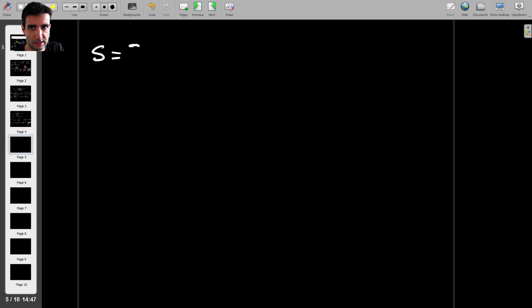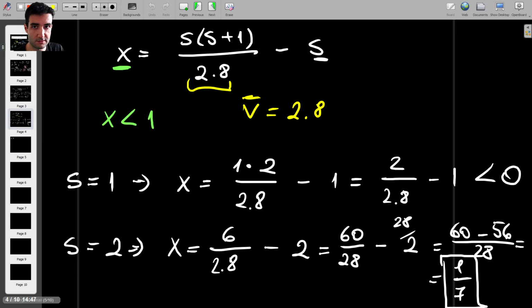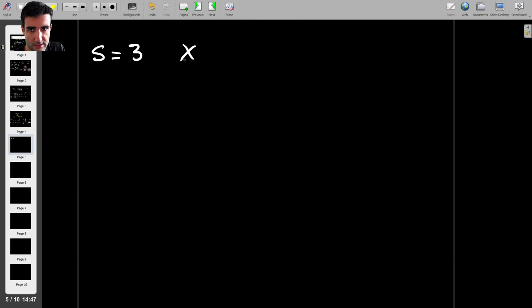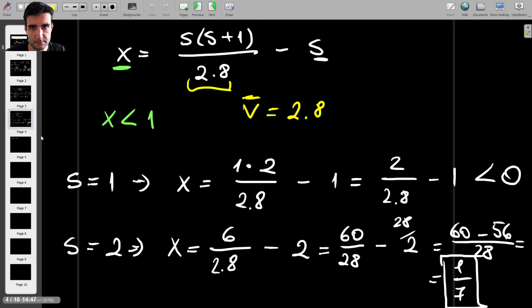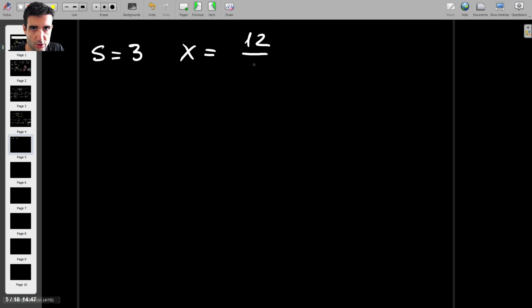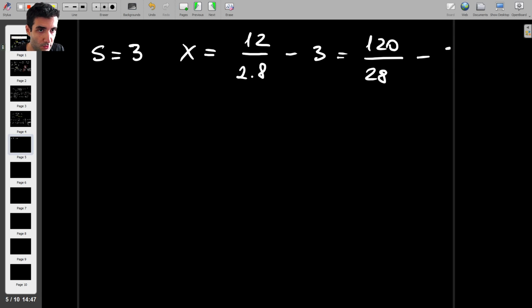Let's say that the speed is 3. Okay, so if the speed is 3, then X is basically 3 multiplied by 4, which is 12 over 2.8, and then minus 3, which is 120 over 28 minus 3.